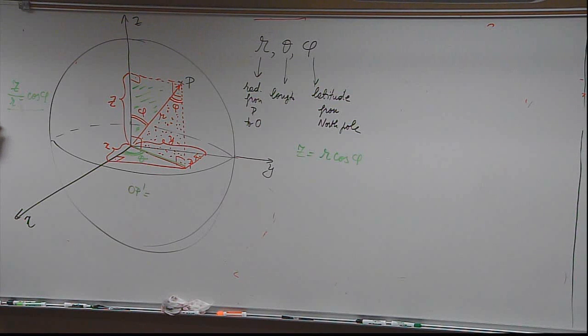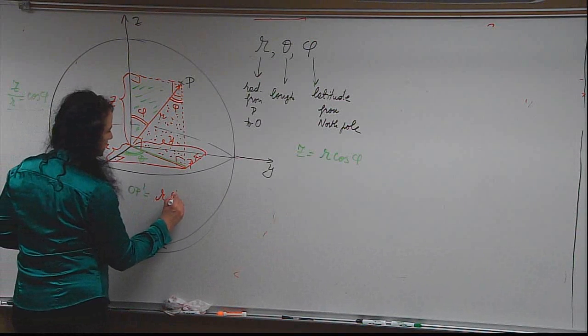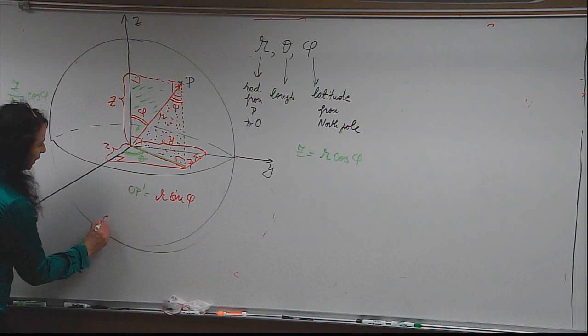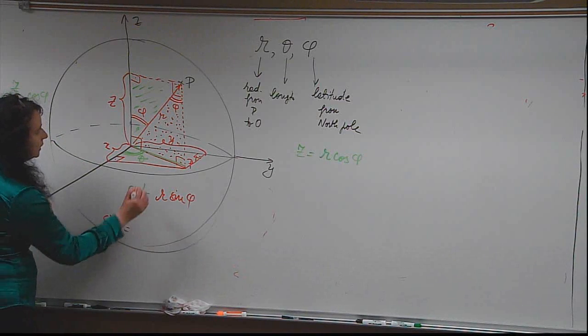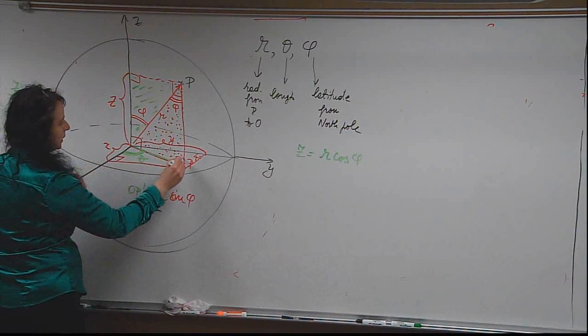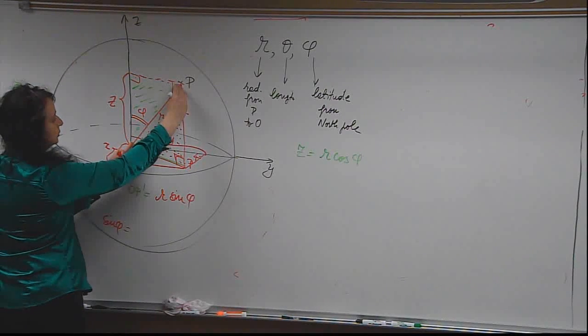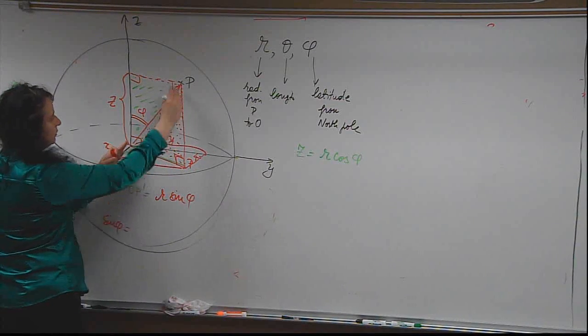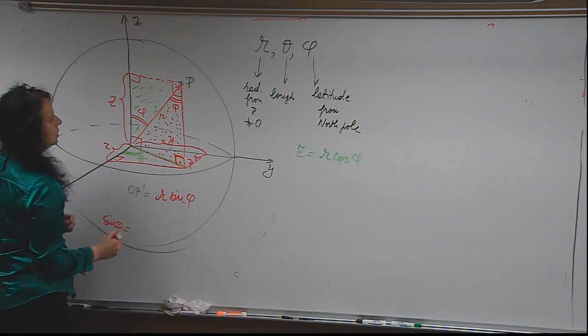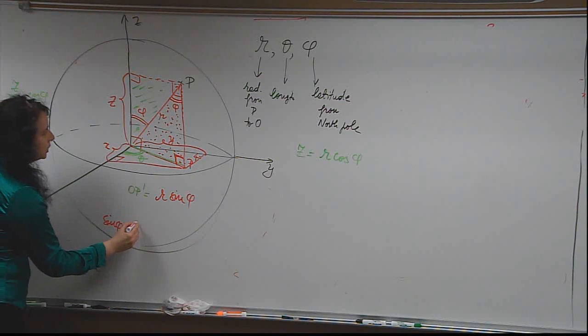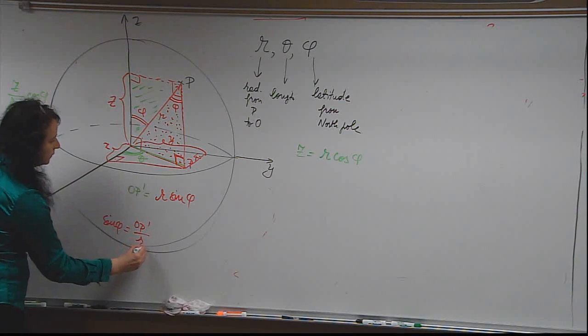That line is R sine phi. Why is that? Because sine of phi will be exactly the opposite over hypotenuse. Where is the 90-degree angle? Here. So it's OP prime over R.